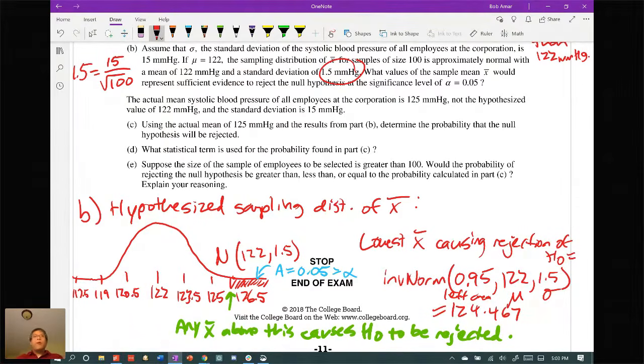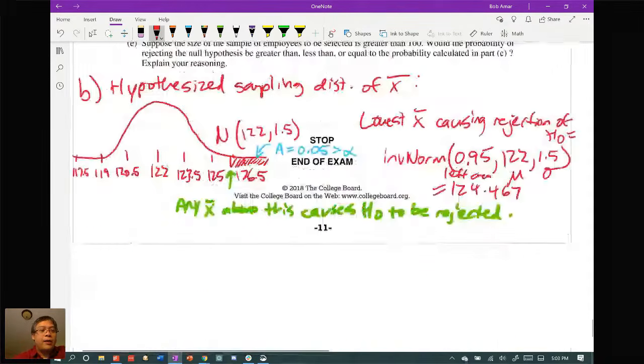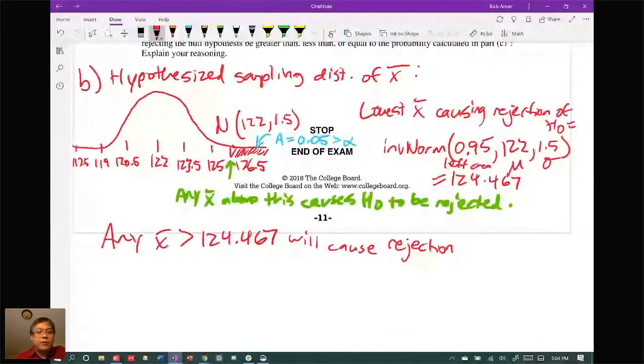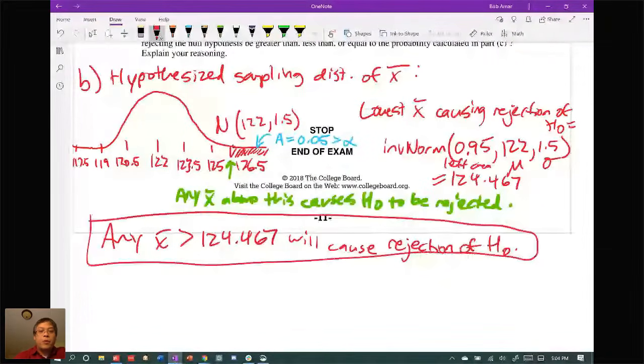This is probably the bare minimum amount of communication I need so that a reader knows that I know what I'm doing. So any x bar bigger than 124.567 will cause rejection of the null hypothesis. That's part B.